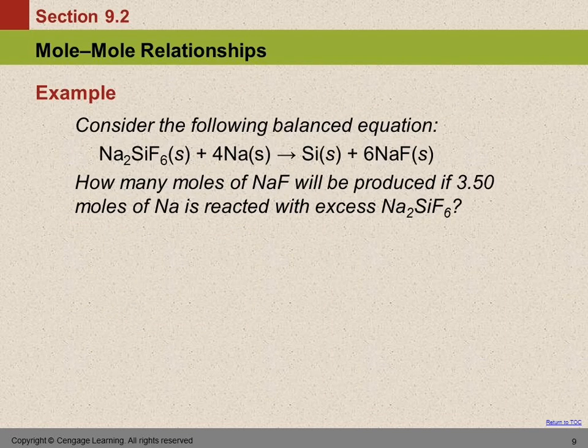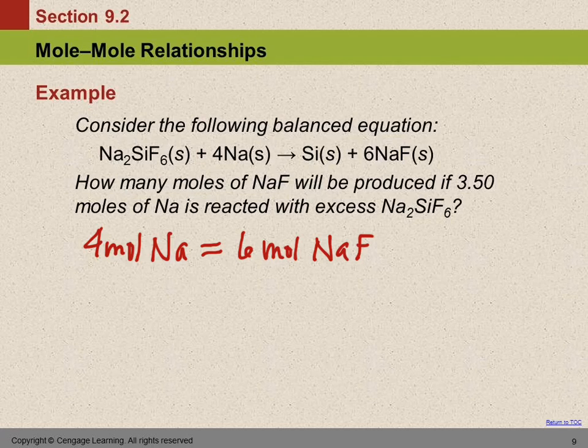So we can write conversion factors from the chemical equation. Because for every 4 moles of sodium, you're going to get 6 moles of sodium fluoride. You can take any 2 reactants or products, one of each, and set them equal to each other.